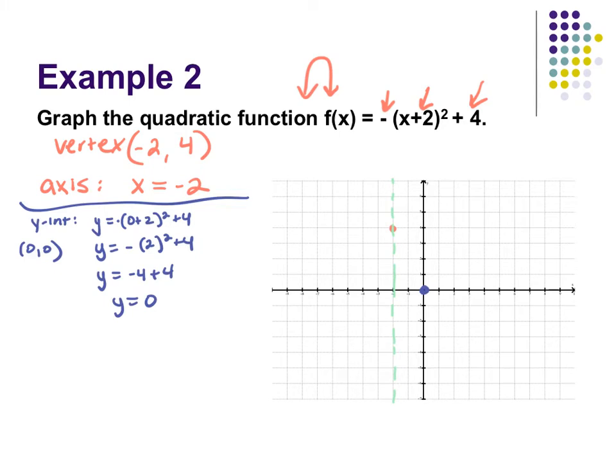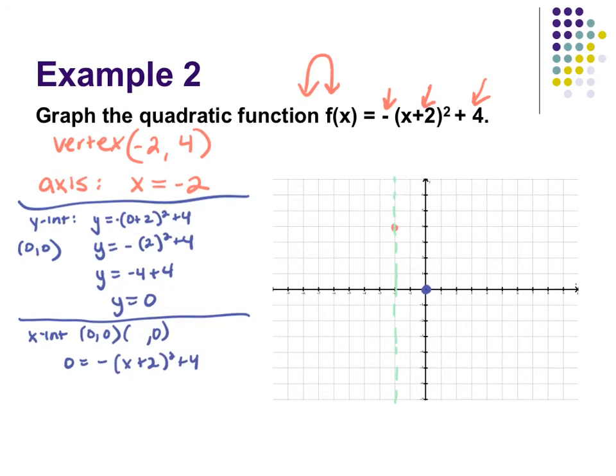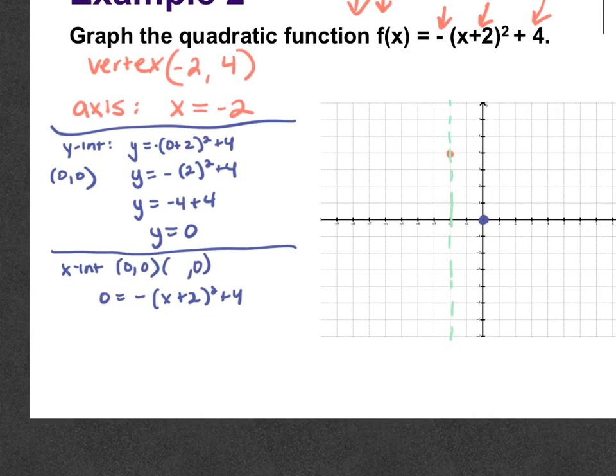Now that means one of my x-intercepts is 0, 0, but there could be another one. So I'm going to test it by saying 0 equals -(x plus 2) squared plus 4. So plug 0 in for the y, subtract the 4. Divide both sides by -1 or multiply by -1, I get 4 equals (x plus 2) squared.